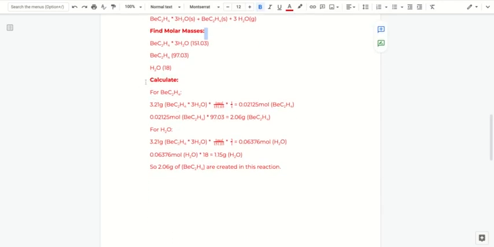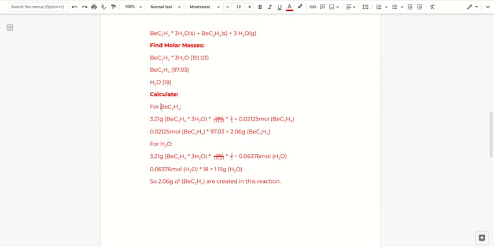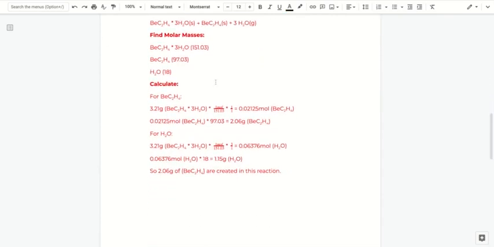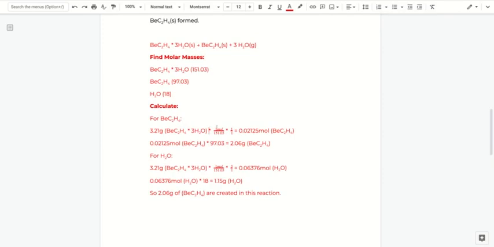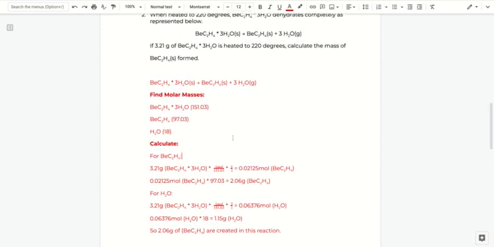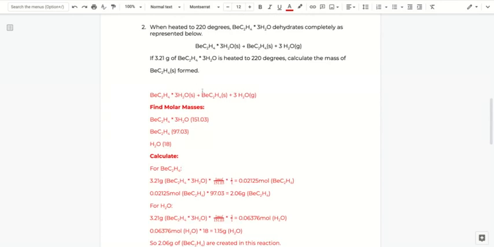And then to calculate it, to find how much of this is created, I said 3.21 grams of this times 1 mole over 151.03, which is that thing's molar mass, times 1 over 1, because one of this creates one of this.